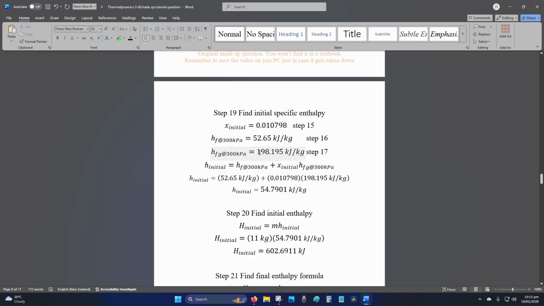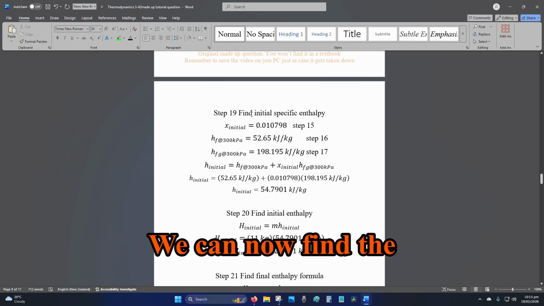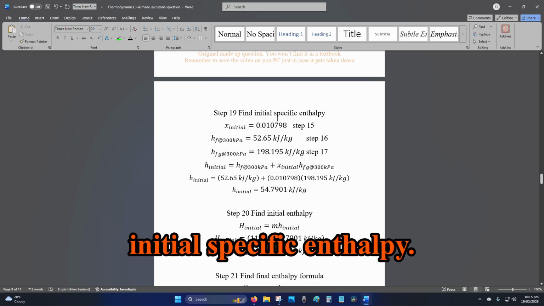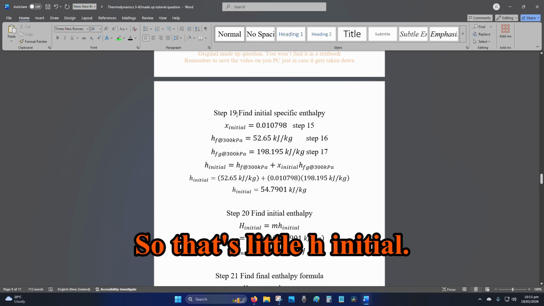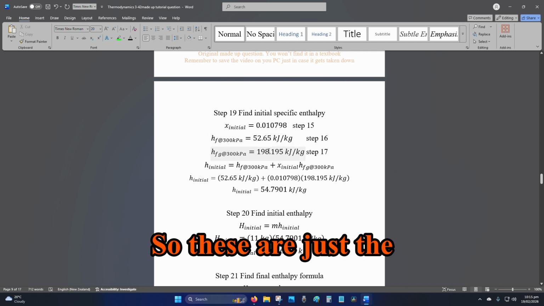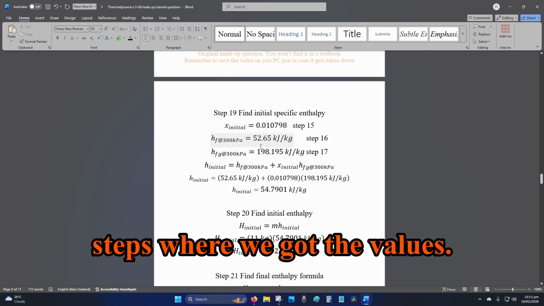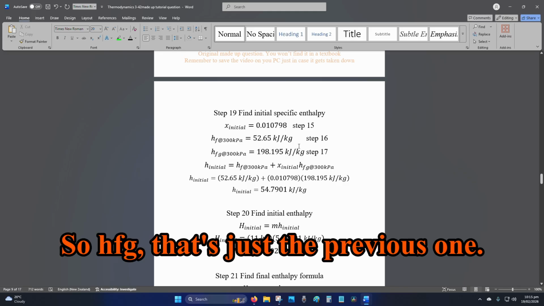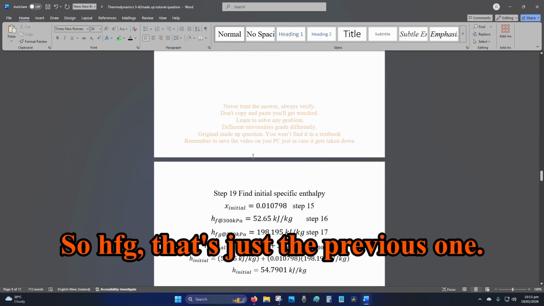Alright, step 19. We can now find the initial specific enthalpy. So that's little h initial. These are just the steps where we got the values. So HFG, that's just the previous one.